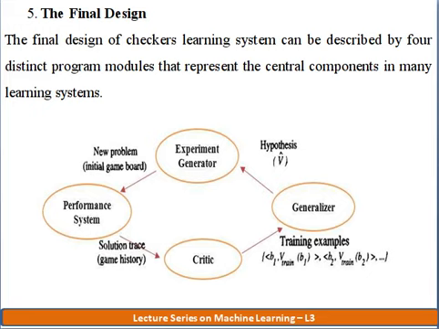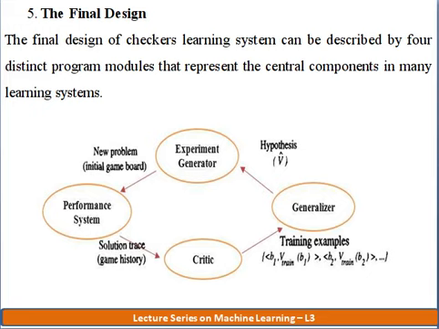Now in our case, the generalizer corresponds to the LMS algorithm and the output hypothesis is the function v cap described by the learned weights W0 to W6. The generalizer takes input from the critic and produces an output hypothesis.